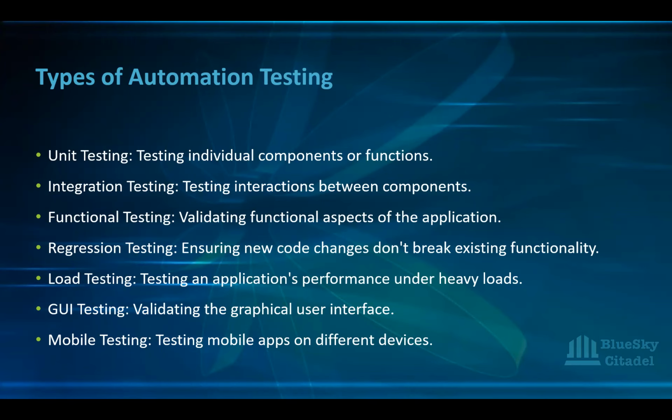All right. I'm going to talk about mobile testing as well, briefly. You can test mobile apps on different devices, Android, iOS. You can do automation testing on mobile devices. It involves testing these mobile applications across various devices and screen sizes: iPhone 6, iPhone 7, iPhone 8, iPhone 14.